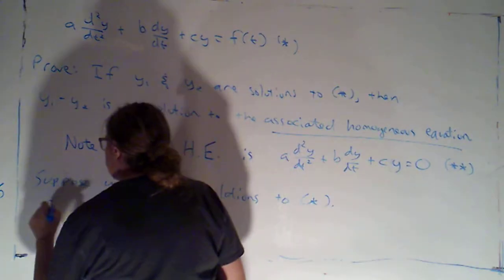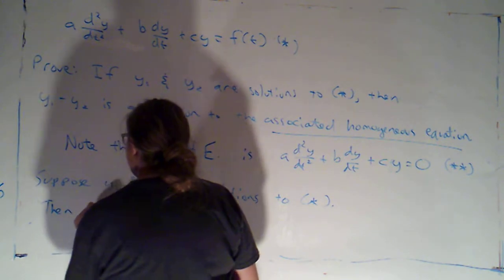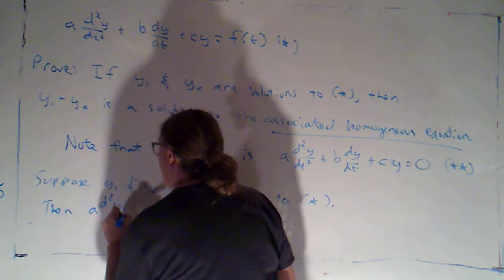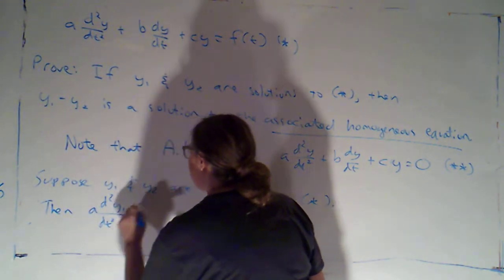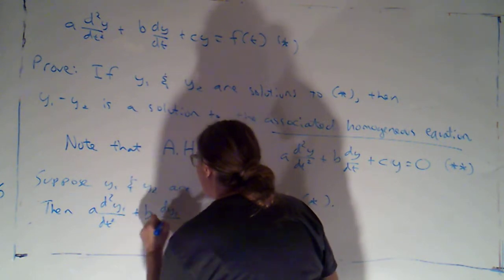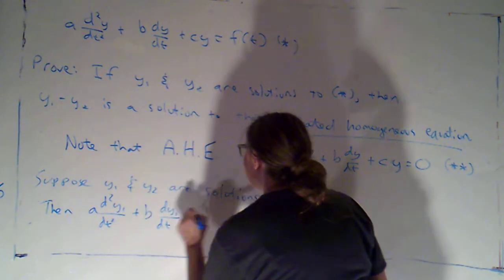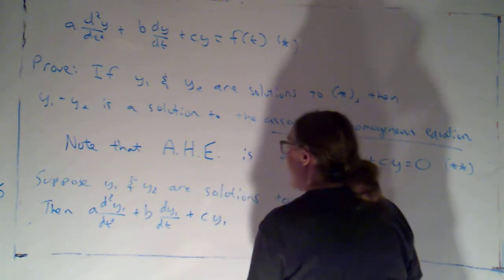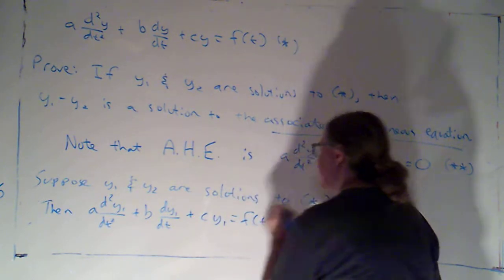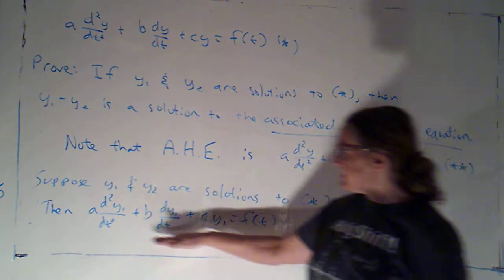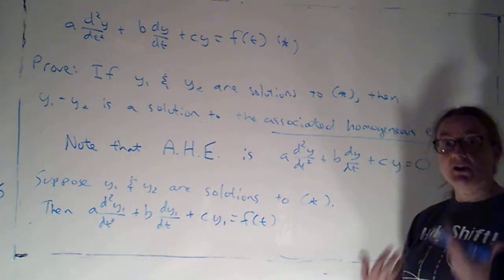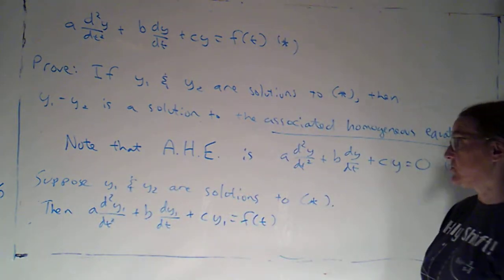Okay. So then a times d squared y1 by dt squared plus b times dy1 by dt plus c times y1 is equal to f of t. So the left-hand side is just what I get if I plug in y1 and its derivatives.